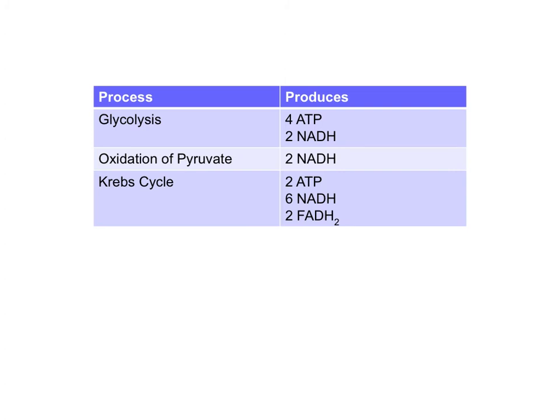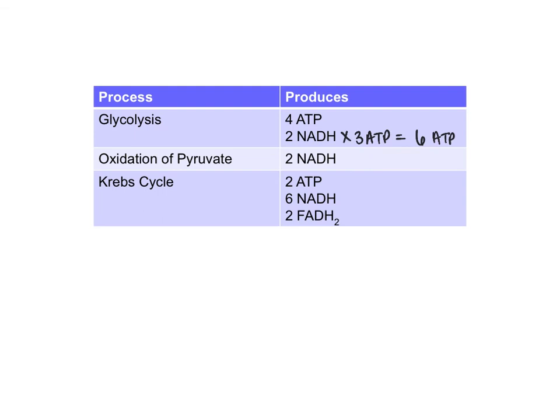In glycolysis, we're still going to produce 4 ATP through substrate level phosphorylation, but now each of the 2 NADHs that we produced in glycolysis is the equivalent of 3 ATP. In other words, by adding oxidative phosphorylation, we can now say that we have produced even more ATP from glycolysis thanks to the oxidation of NADH and the chemiosmotic gradient that was created by the electron transport chain.